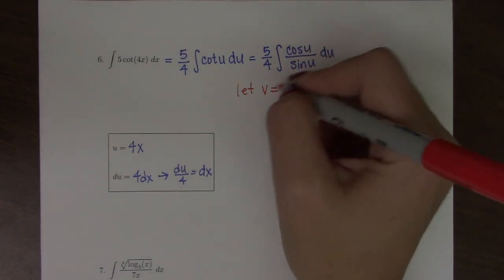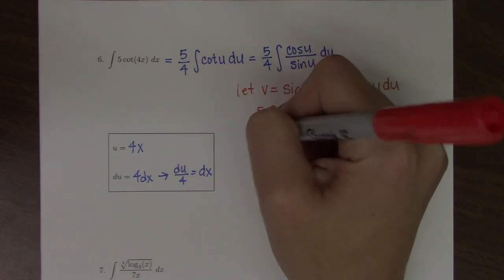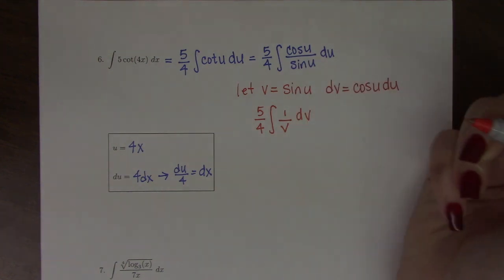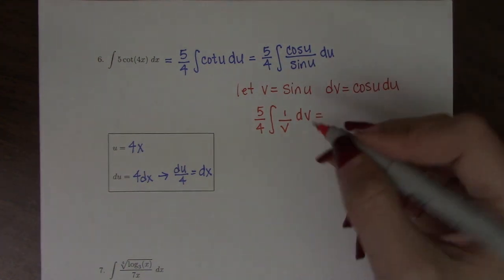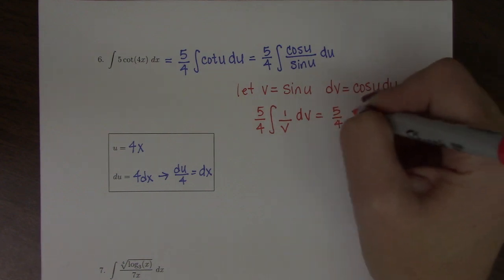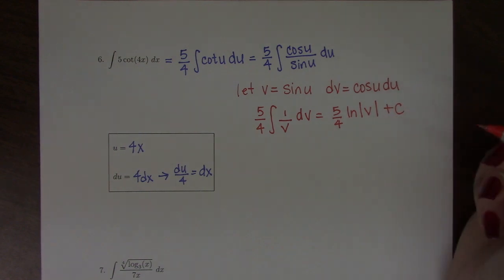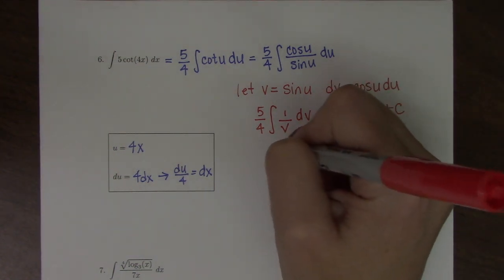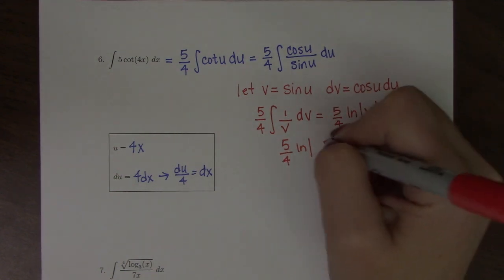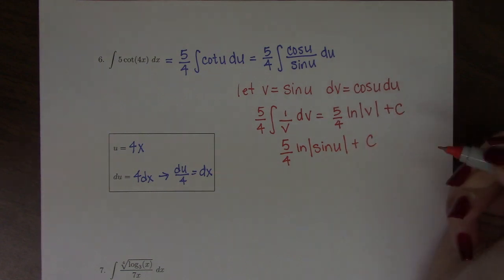So if I rewrite my integral with my new substitution, I get 1 over v dv. Well, this is something I can anti-differentiate. It's 5/4 natural log of the absolute value of v plus c. Now I need to put back in what v was standing for, and v was the sine of u, plus c.